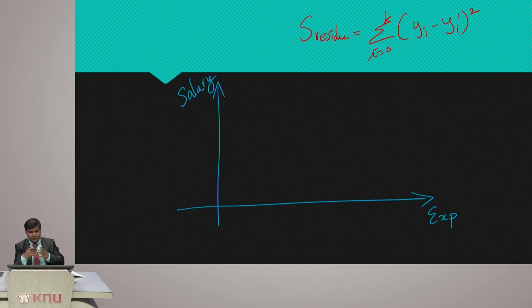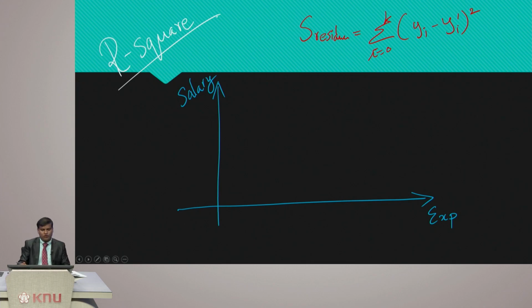In order to avoid those negative values, we square it so that we get only the positive values over there. And now we are going to introduce another term with regards to this. So we will call that the R square. So what is this R square all about?